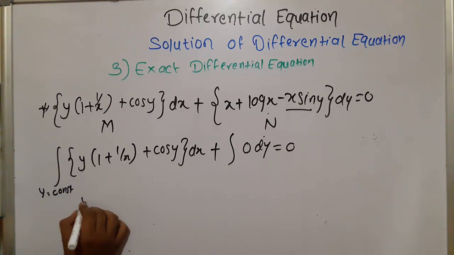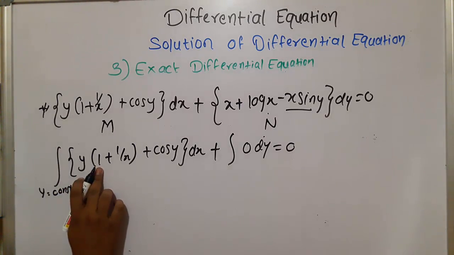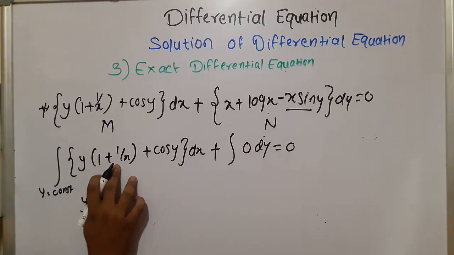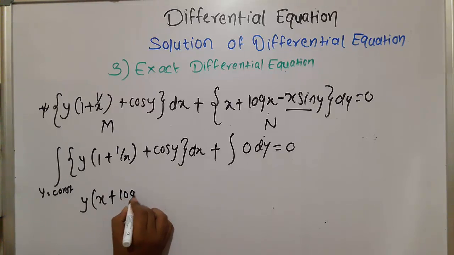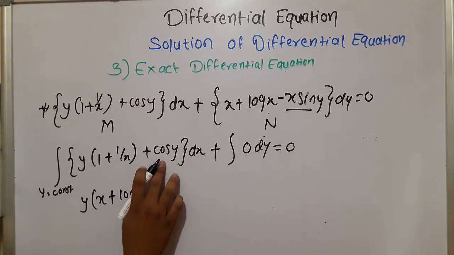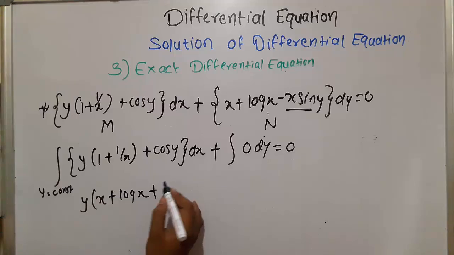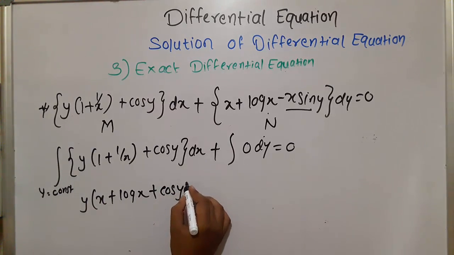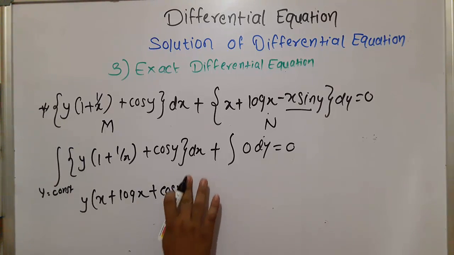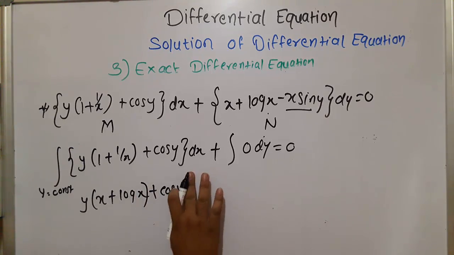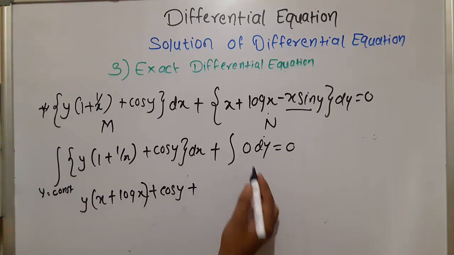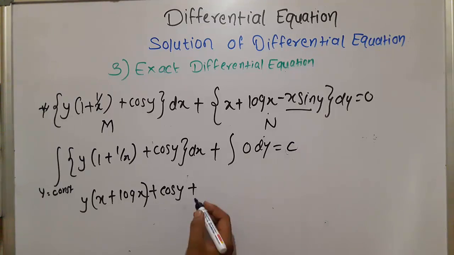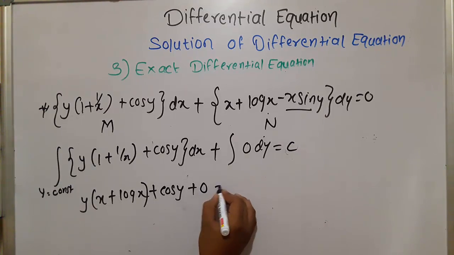So y stays as it is. The integration of 1 is x, the integration of 1 by x is log x, and the integration of cos y, with y as a constant, we write as cos y. Plus here 0.